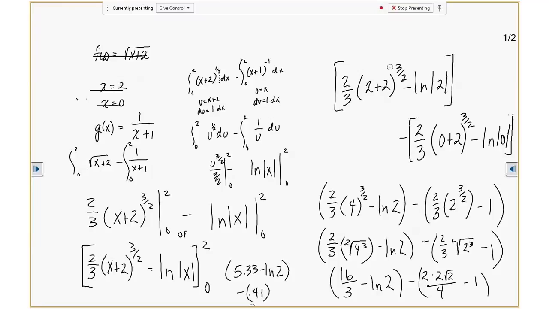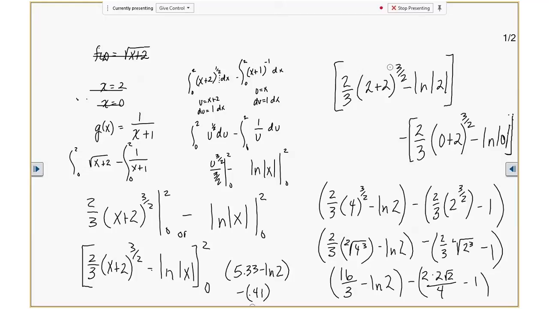All right, what's the natural log of 2? Natural log of 2 will be a different number.